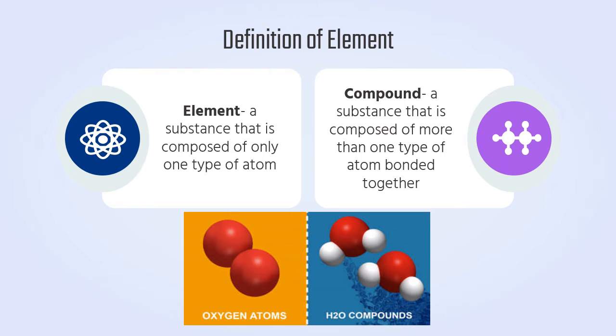Most things around your house are made up of compounds, but there are some things around your house that are made up of pure elements. Not pure atoms, everything's made up of atoms, but pure elements. Do you know what those things might be? Well, think about it. Aluminum foil.